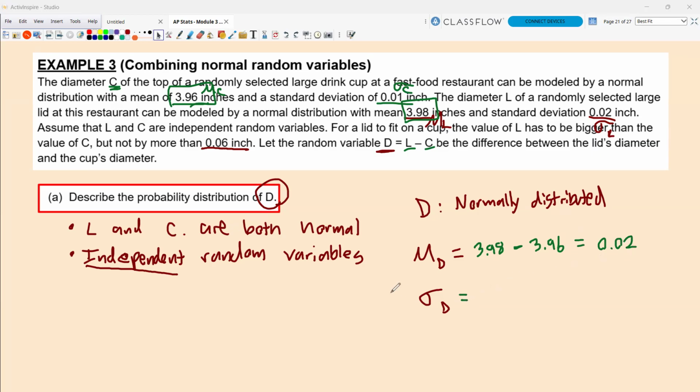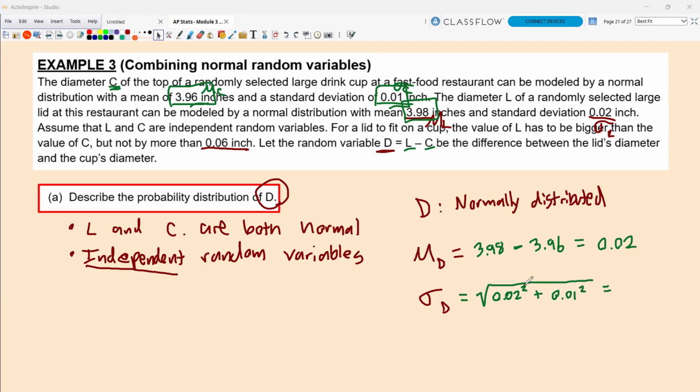The standard deviation, remember, requires us to square the other standard deviations and add them together and then take the square root. So we do that by using the square root symbol. We take our two standard deviations, 0.02, we're going to square that, and then we're going to add the other one, 0.01.